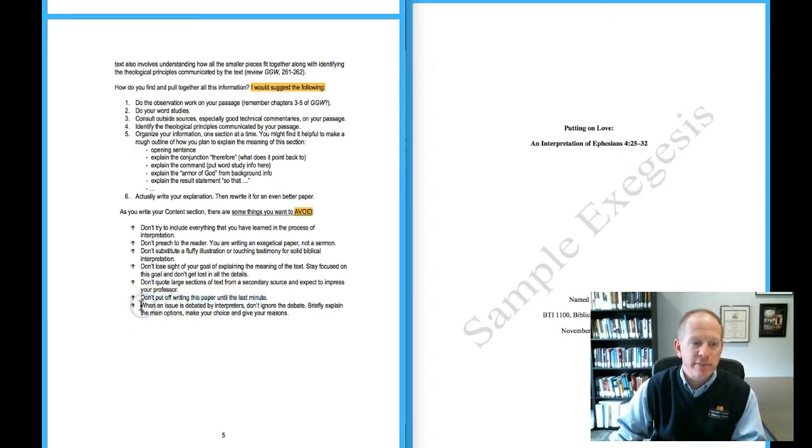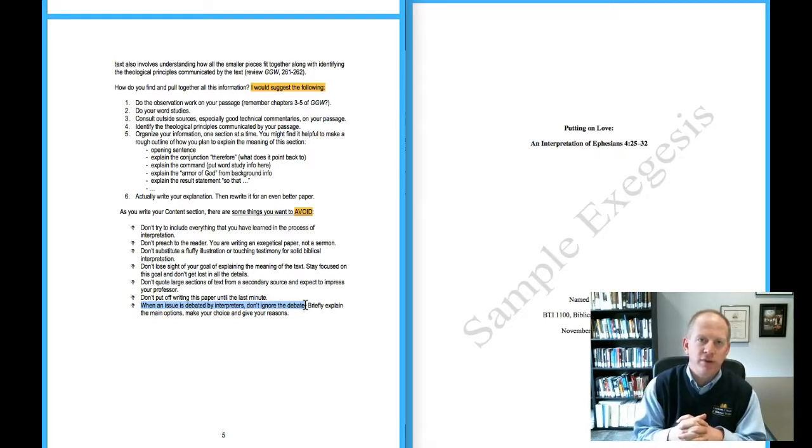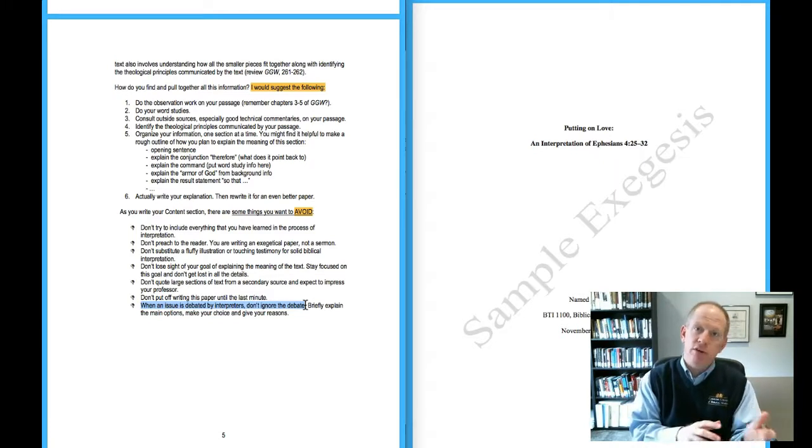So when an issue is debated by interpreters, don't ignore the debate. Let me give you an example. In Ephesians chapter 1, verse 1, the phrase "in Ephesus" is not in every manuscript. You probably should at least acknowledge that, make an explanation of that, and then move on.